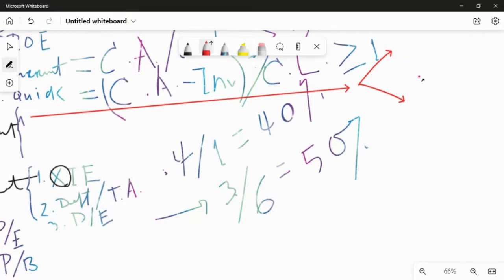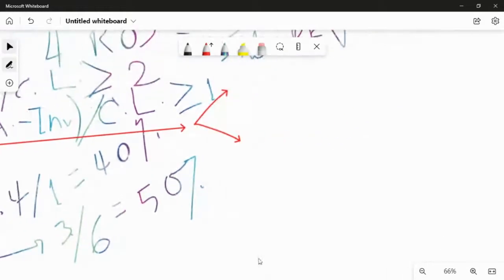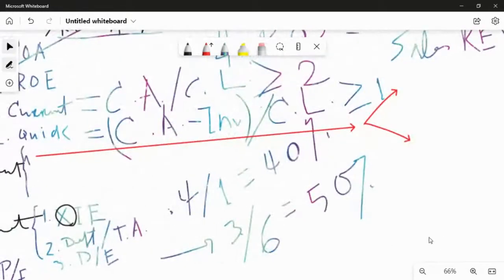One is for retail, the other one is for manufacturing, right? So here. Inventory turnover ratio.